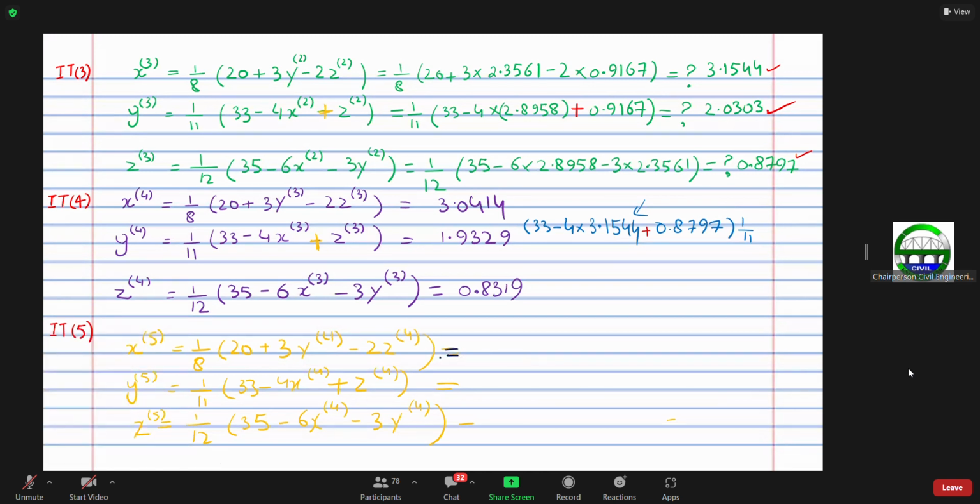This value is 20 plus 3 into 1.932 bracket close, and x5 is 3.010414, and this value y5 is equal to 1.9696, and then this value of z5 should be equal to 0.9158.